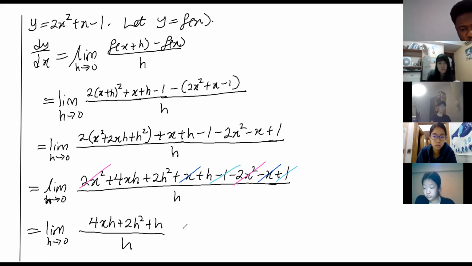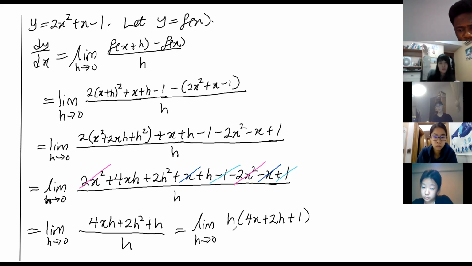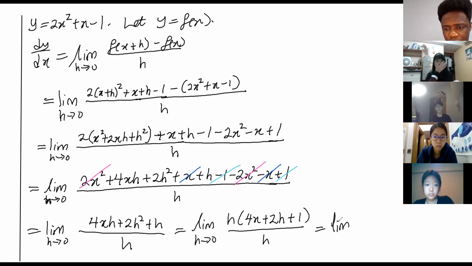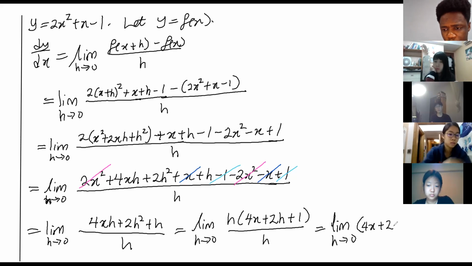Okay, so which is the limit as h tends to 0 of h bracket 4x plus 2h plus 1. Which is the same as the limit as h tends to 0 of a polynomial now, 4x plus 2h plus 1.